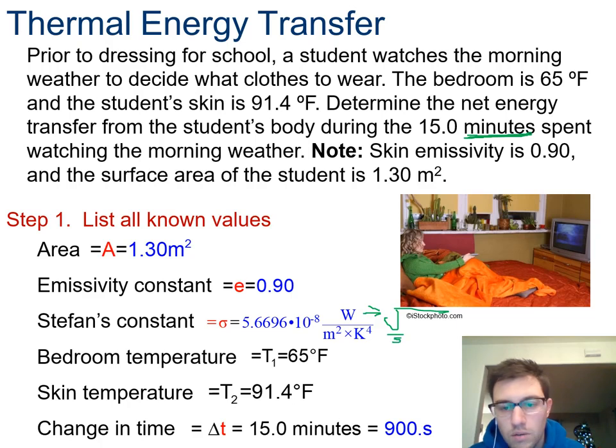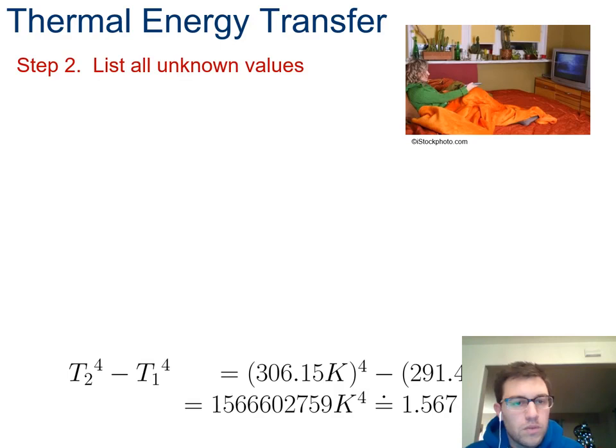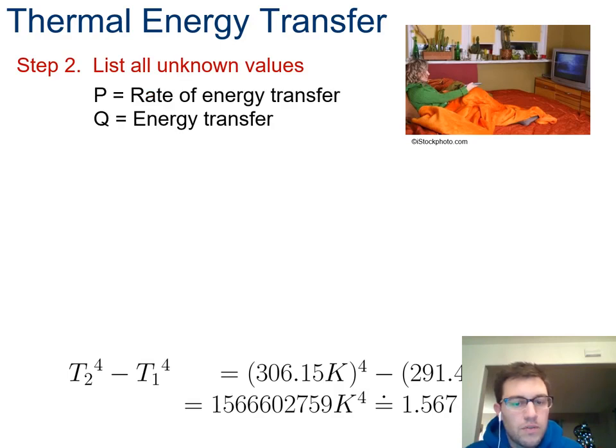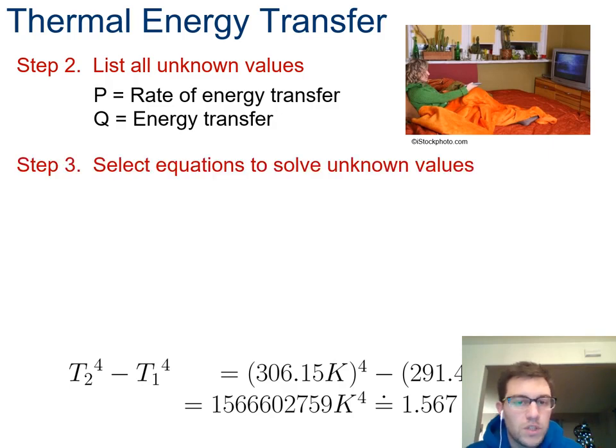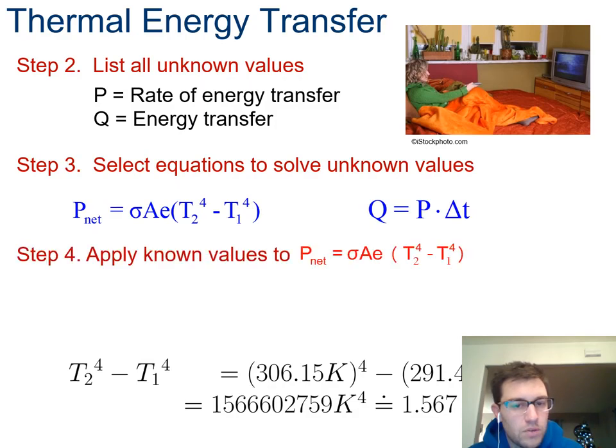And I'm still not good at writing with my mouse, but that's okay. Okay. All unknown values. I'm not sure why they have that at the bottom right away, but that's fine. We don't know P, we don't know Q. Keep in mind we're going to be solving for P with the equation we have and then solving for Q afterwards. So our equations will be P net and Q equals P times delta T. How do we use our known values?